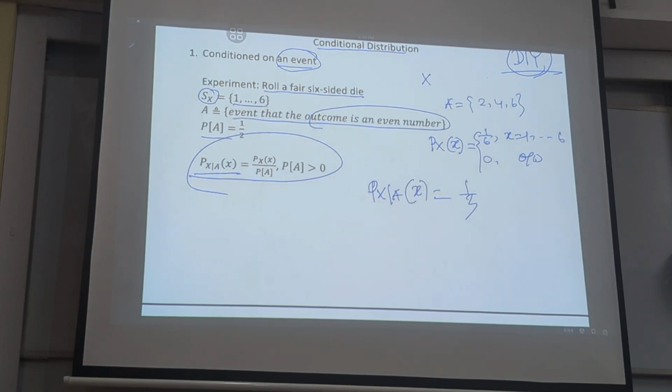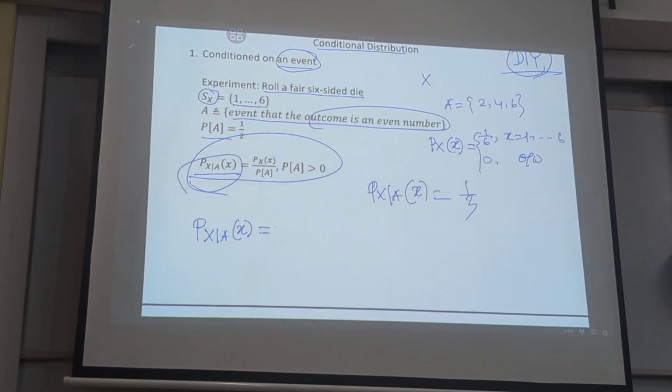Let us show it for one value. The conditional PMF of X given A is what? What do we mean by this? We mean the probability that X is equal to x, right? What does the PMF of X mean?